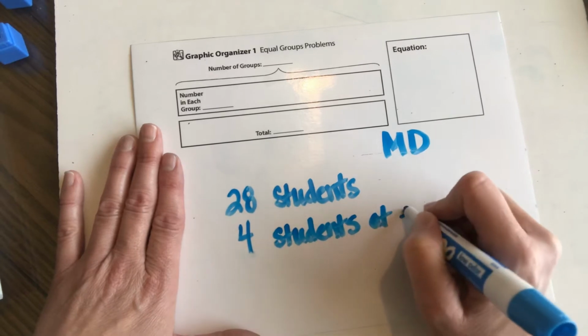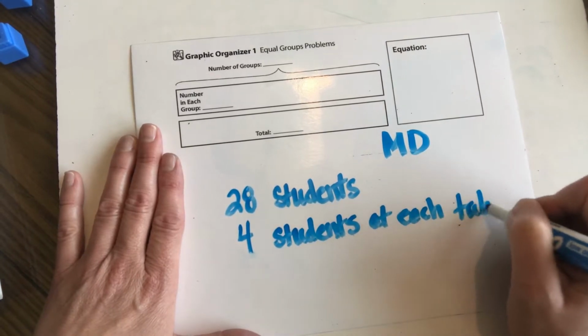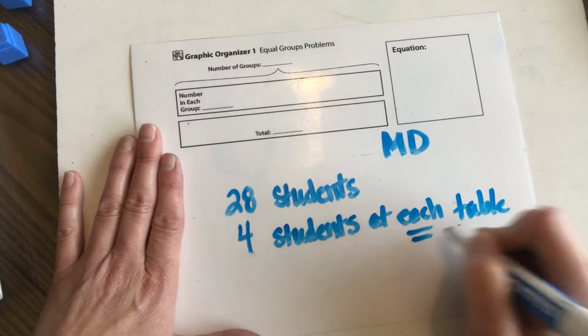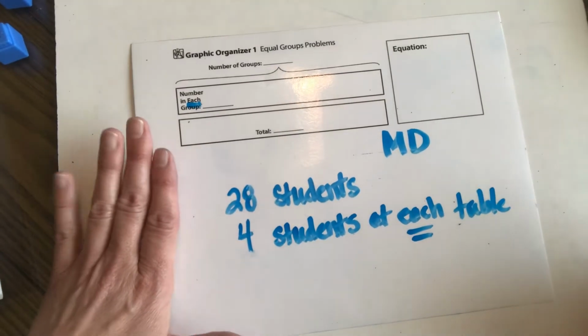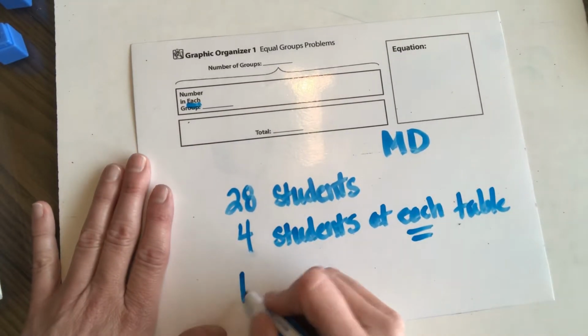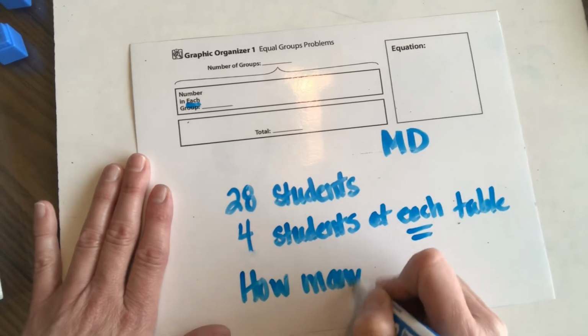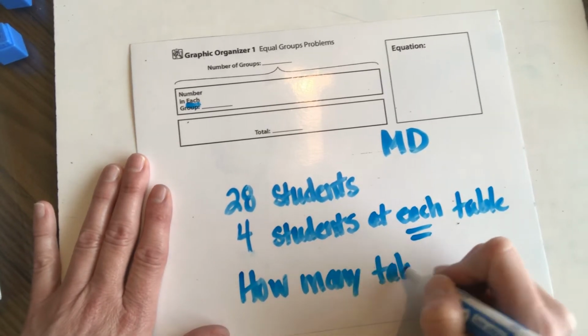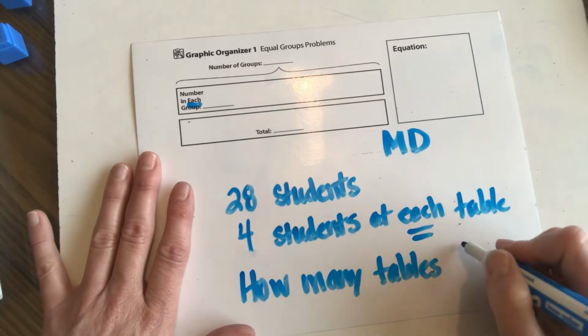At each table. Notice this word each. I see it up here also. I want to know how many tables it will take to seat all the students.